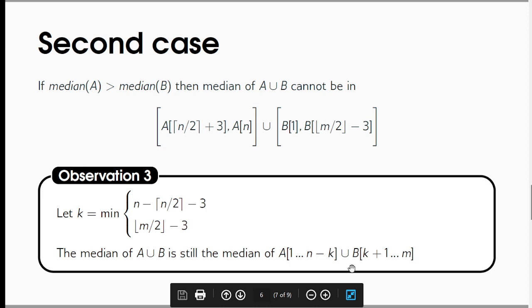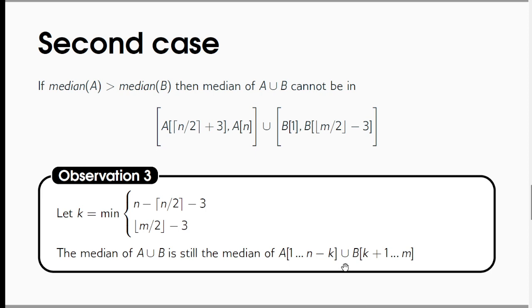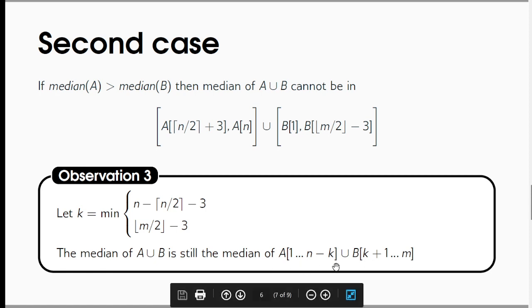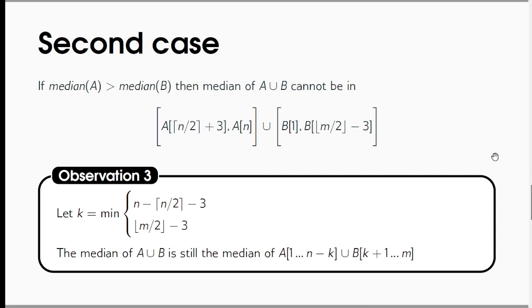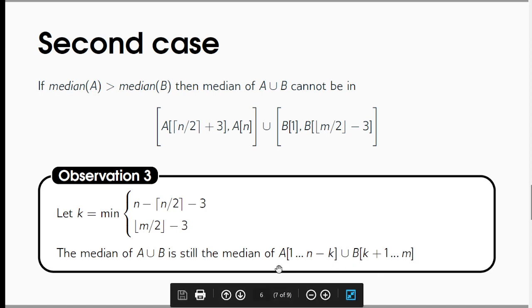Now, you throw away k leftmost elements of B, and k rightmost elements of A. Why do we do that? When we throw away the k rightmost elements of A, we throw away k elements that are larger than the median, and these elements cannot be the median.